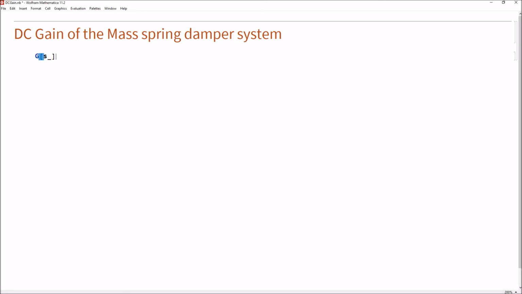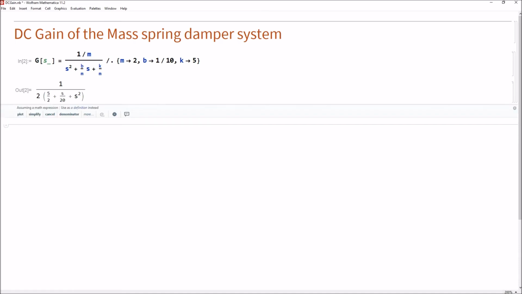I think we said it was 1 over m, over s squared plus b over m s plus k over m. That was our transfer function. Actually, we got rid of some of these constants. We said the mass was 2, the damping was 1/10, and the spring constant was 5. Let's do this to make our lives a little easier with the calculations.